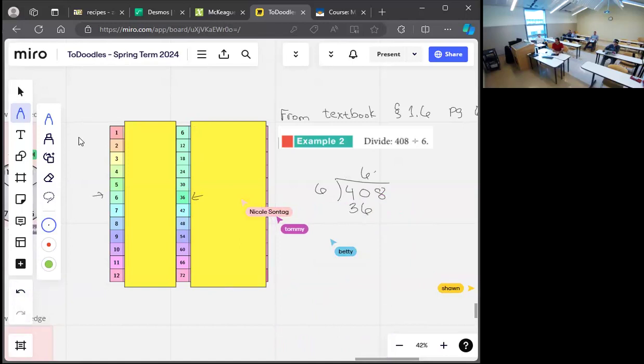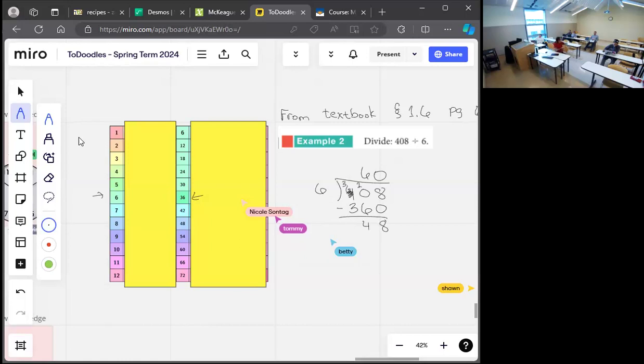What that really is, is 6 times 60 is 360. There's a 0 that you don't always write. Everyone okay with that so far? Now when I subtract, 8 minus 0 is 8, 0 minus 6, whoop, now I'm stuck. So I'll borrow. 10 minus 6 is 4, 3 minus 3 is 0, and I'm down to 48.